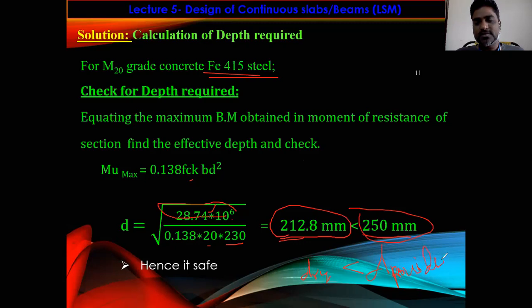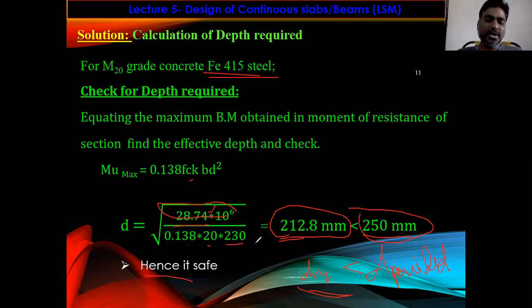That means whatever I have provided is more than enough to resist this much bending moment. So hence it is safe. If it is not safe, then you need to revise your bending moment and again start from your first step till these conditions are satisfied.